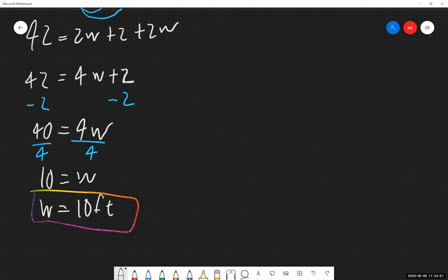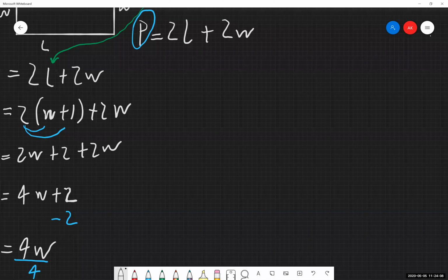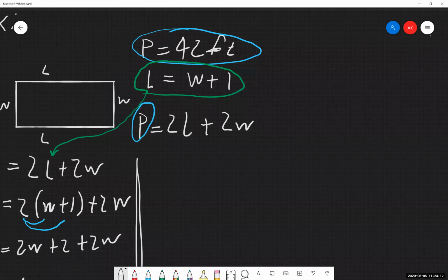Now again, this is where I want to emphasize, what were we asked to solve for? And we were told from the problem itself, what is the length and width of the rectangle? So we just found the width. We are not done yet. We still need to find the value of the length. I'm just going to move us up here. And what's really nice with how we set this up for ourselves, we have an equation for the length. So I'm going to rewrite that down below here in the general form.